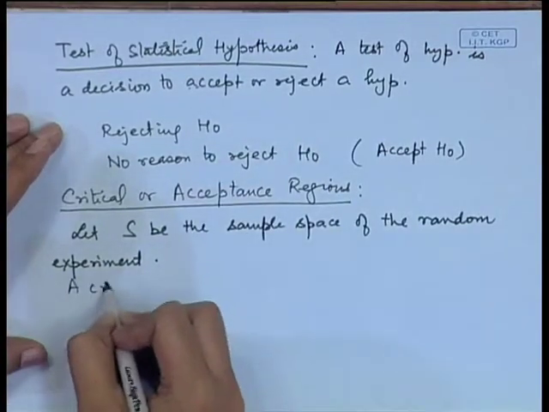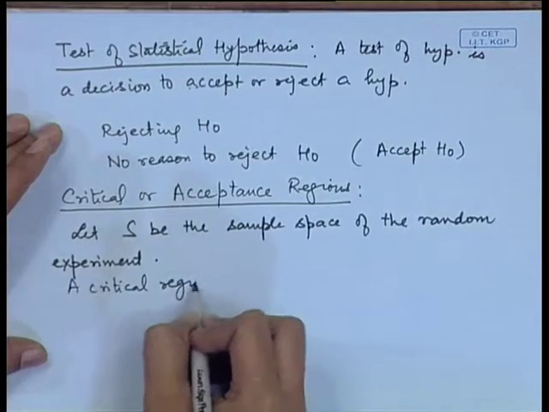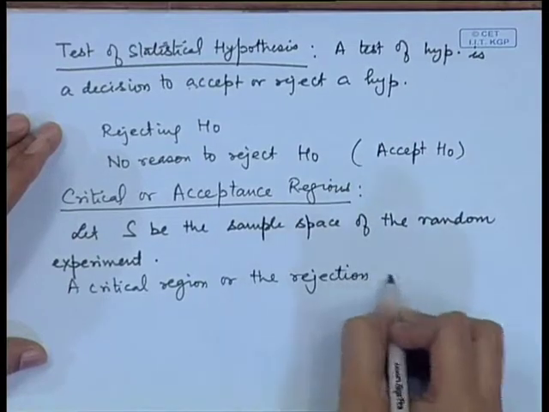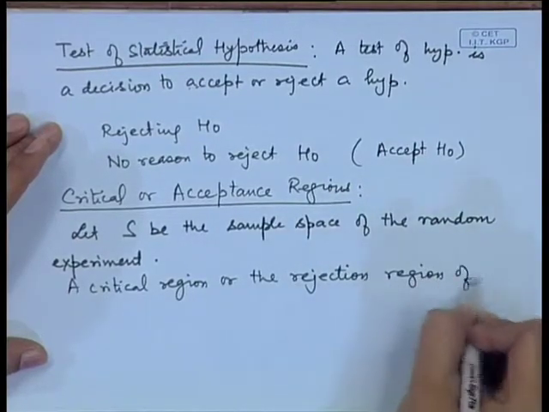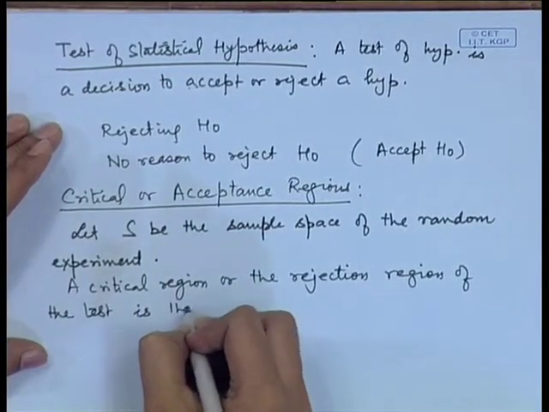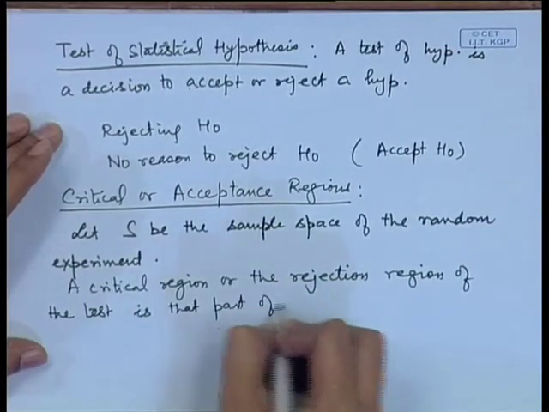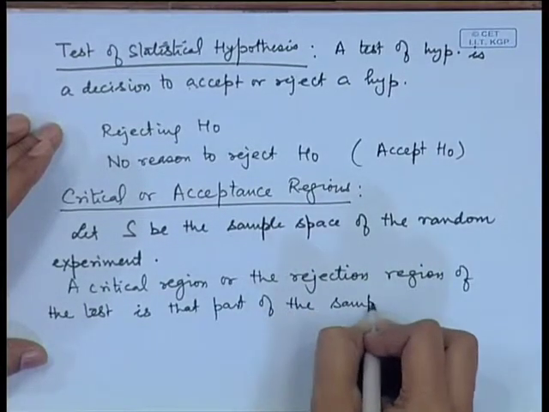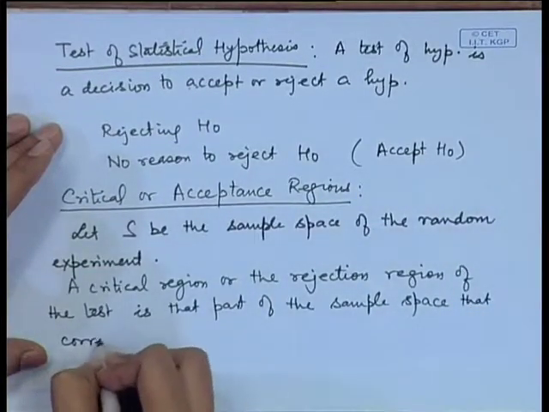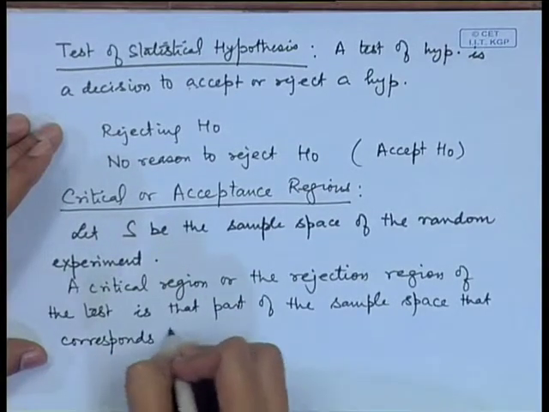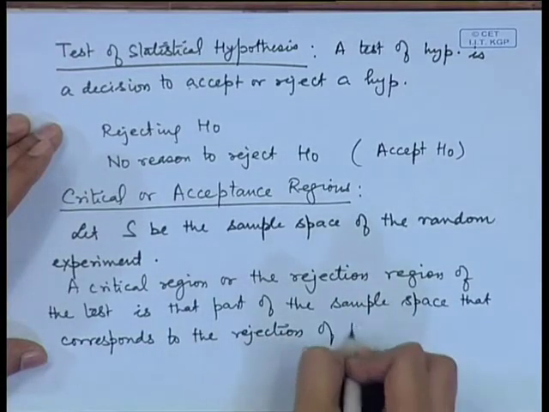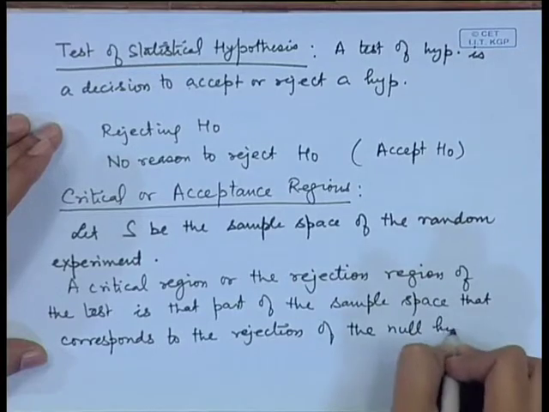So, a critical region or the rejection region of the test is that part of the sample space that corresponds to the rejection of the null hypothesis.